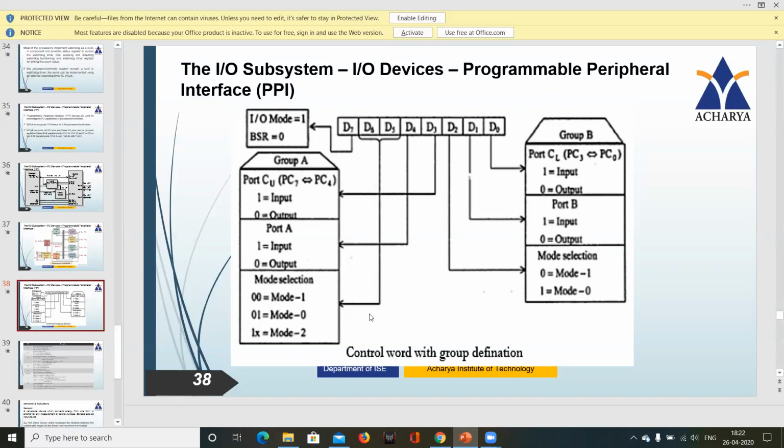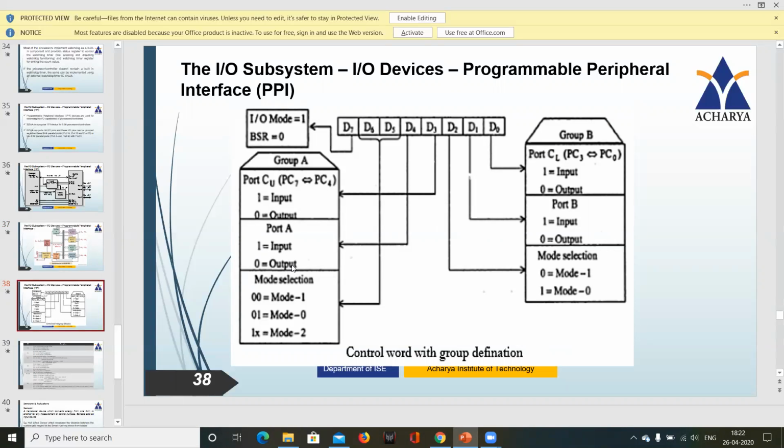All of you know what port A is. Now let us go to the next bit, D4. D4 is the actual port A data bit. If this bit D4 is 1, then port A becomes input. If it is 0, port A becomes output.